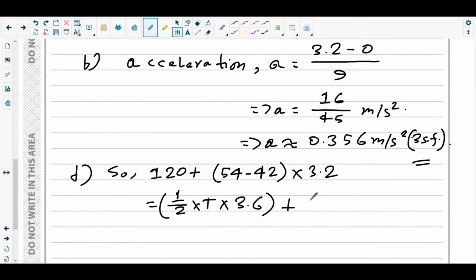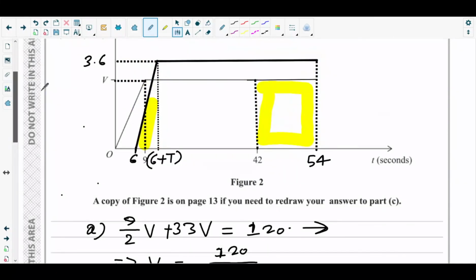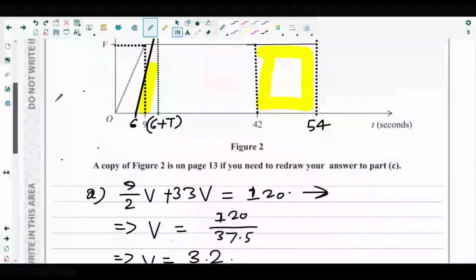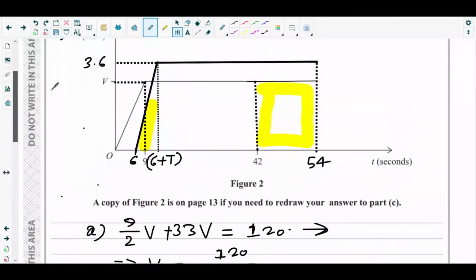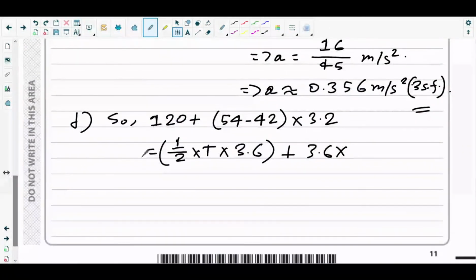Then 3.6 times the remaining time, which is 54 minus 6 minus t, because after t equals 6 plus t seconds, cyclist Q is moving with constant speed for the rest of the time till t equals 54.